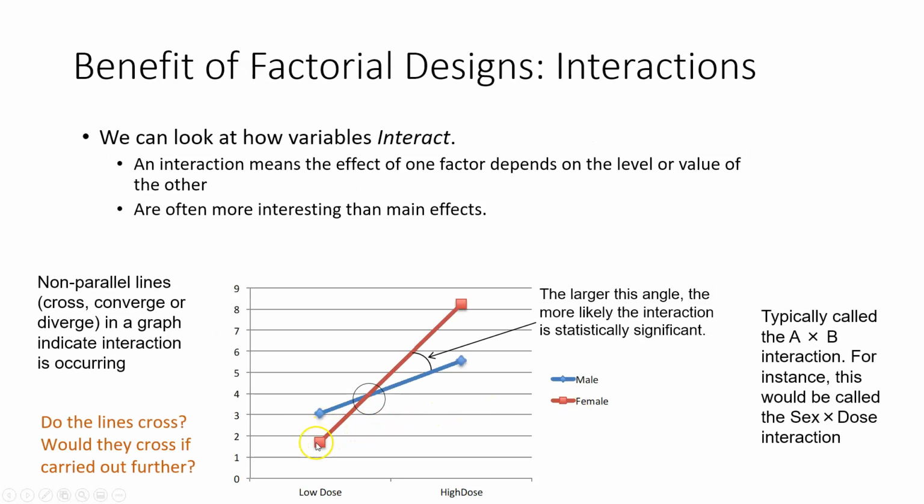The dosage causes a much more dramatic increase for females than it does for males. So the impact of this factor, dosage, depends on the level that you are in the other factor. So it depends on whether you're a male or a female.